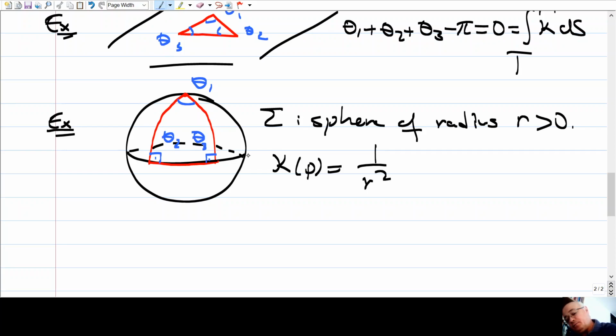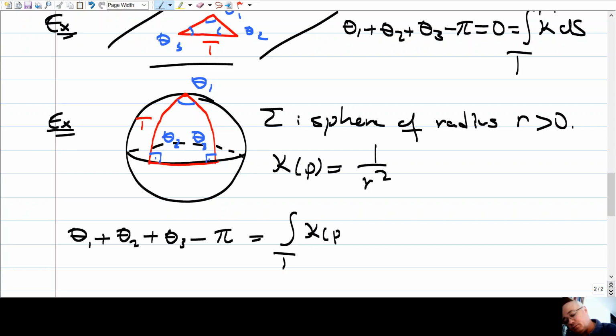So the sum of the angles, theta 1 plus theta 2 plus theta 3 minus pi, if this is the triangle T, is the integral of the Gaussian curvature ds.